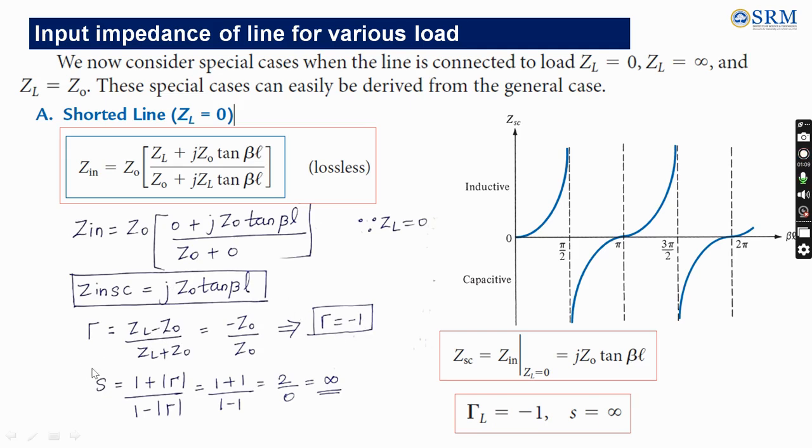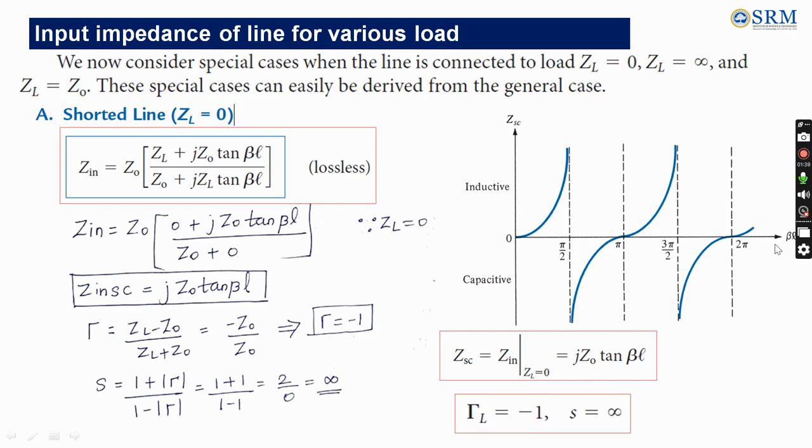For the corresponding VSWR, we put 1 plus the magnitude, that is 1, divided by 1 minus the magnitude. So we get 2 by 0, that is infinity. The final conclusion is that the input impedance of a short-circuited line is j Z0 tan beta L, the reflection coefficient is -1, and its VSWR is infinity.